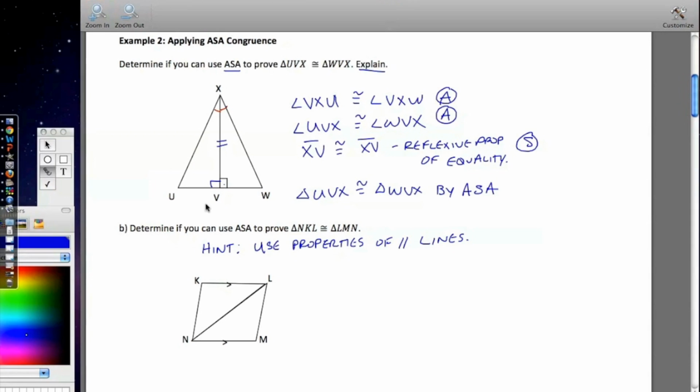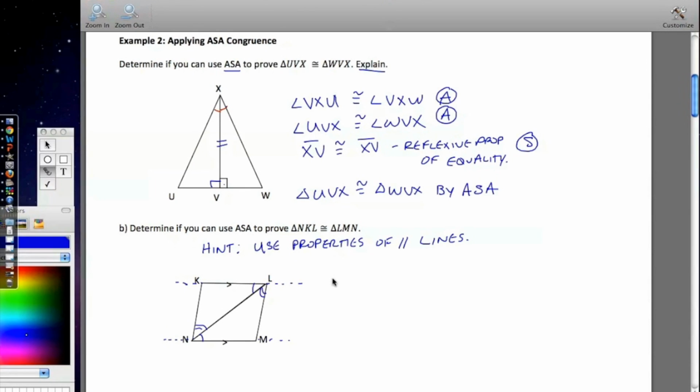Let's look at it. Using the properties of parallel lines, I'm going to mark what angles are congruent. And so using these properties of parallel lines, if I extended these, I would see that I actually have a situation where I have two parallel lines cut by a transversal. So that means that alternate interior angles must be congruent on both sides. And so I think it becomes easier to see what exactly we're going to be doing here.